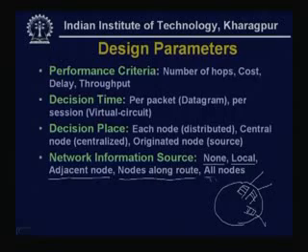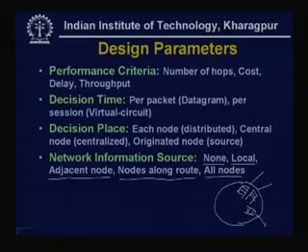Or it can be very global. In such a case, each node gathers information from all other nodes at regular intervals, and accordingly it makes some kind of routing table, as we shall see, to decide about routing. So, that network information source can vary from none to all nodes. And depending on that, obviously the complexity also will vary.